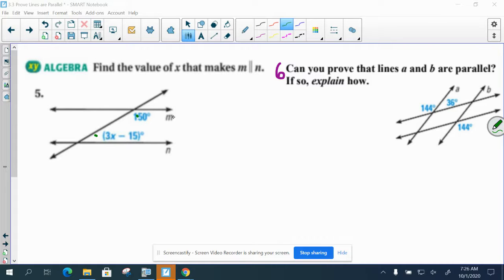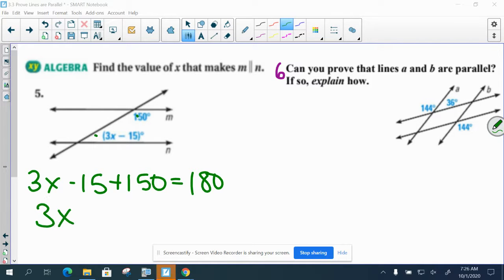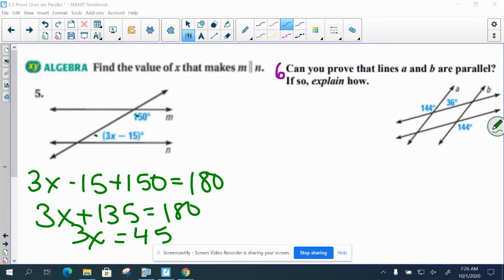If we want line M and N to be parallel, then these two angles have to be supplementary. So 3x minus 15 plus 150 equals 180. This would be 3x plus 135, because this is negative 15. 3x equals 45, so x is 9.